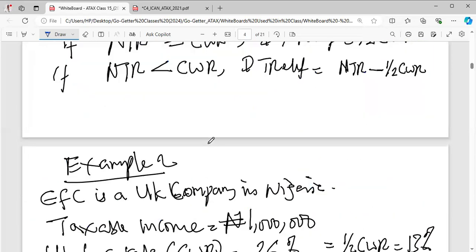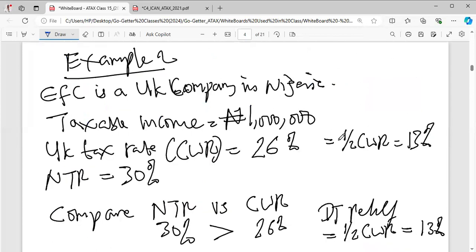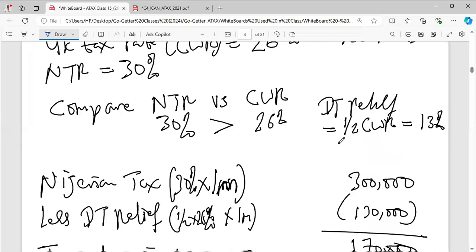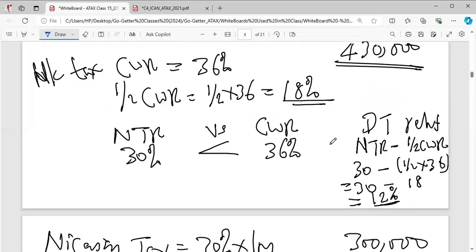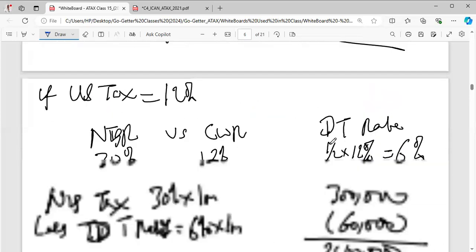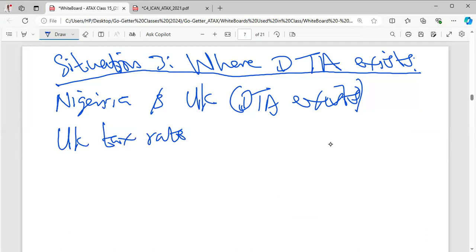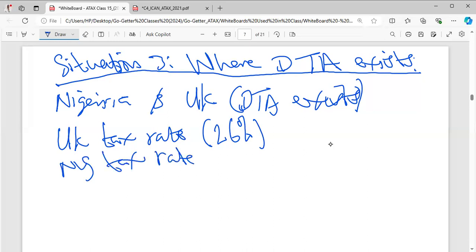Okay, let's say UK tax rate is 26%. Nigerian tax rate 30%.